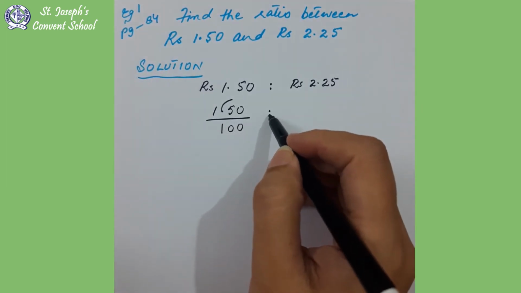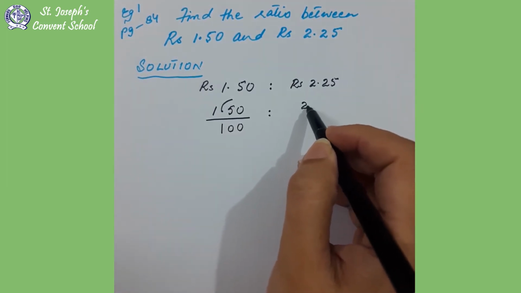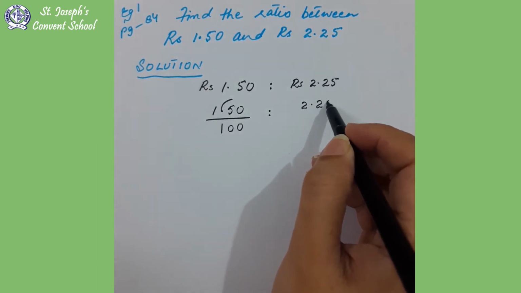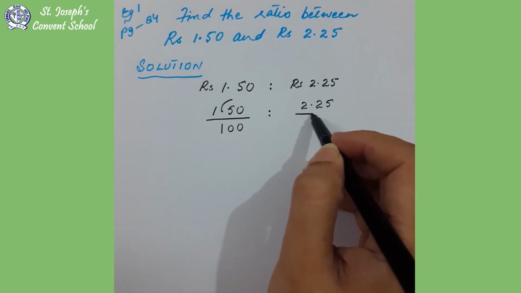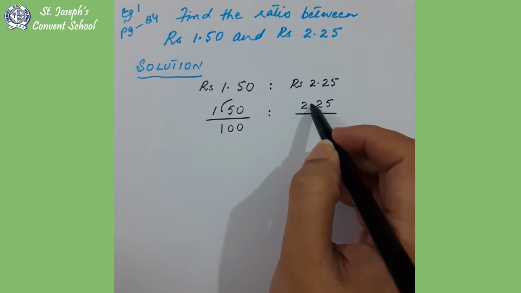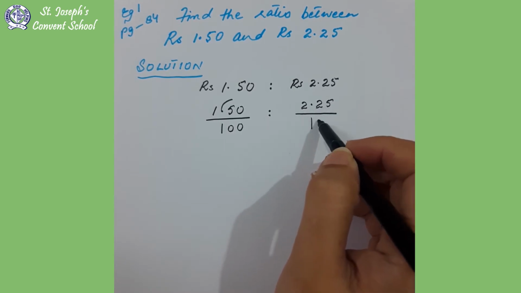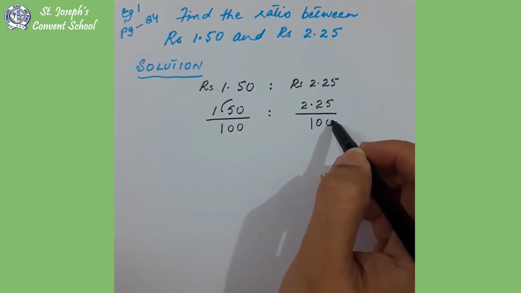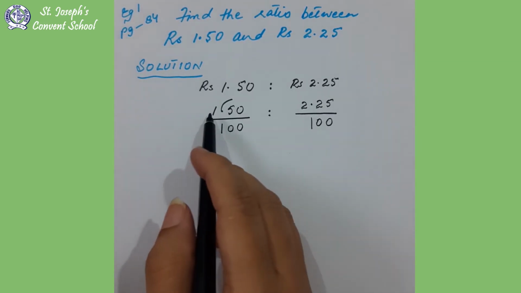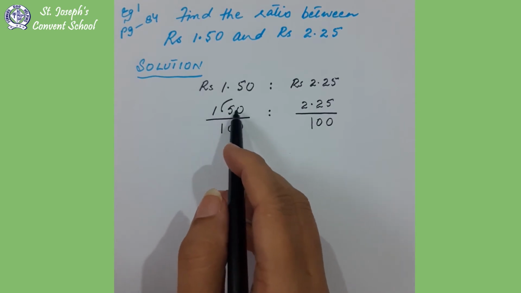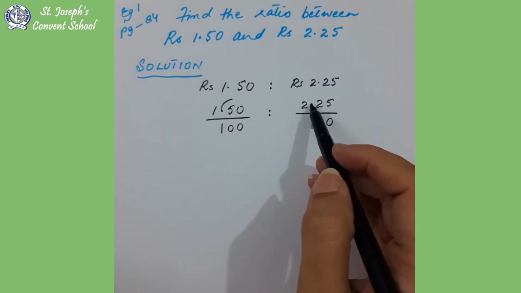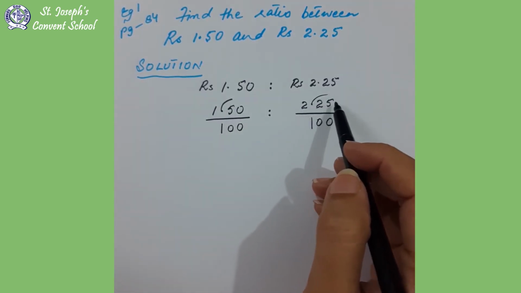In the same way, for the price 2.25, remove the decimal sign of this also. Wherever decimal is, it is 1, and the numbers after the decimal are zeros. So now this is 150 upon 100, and this is 225 upon 100.